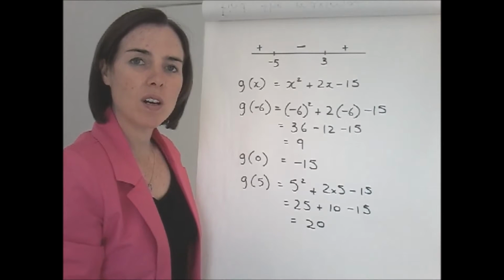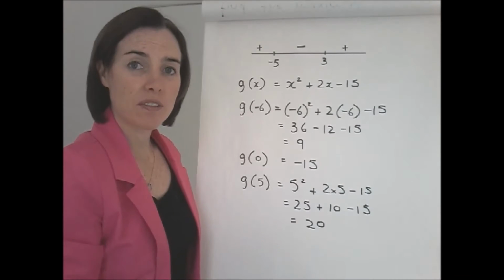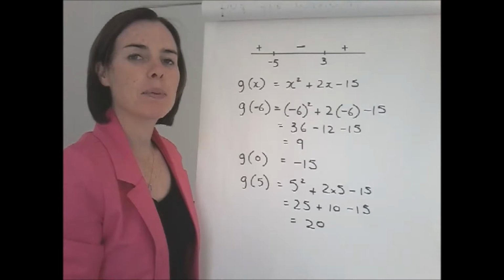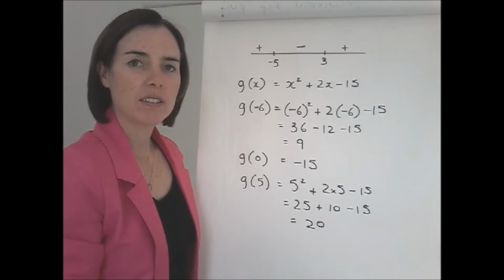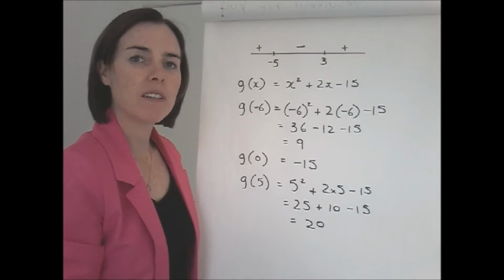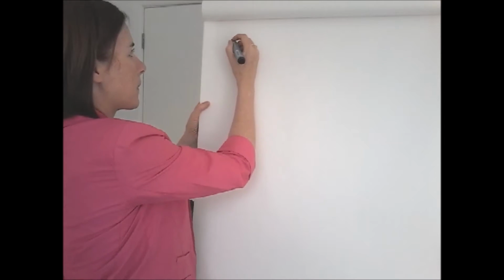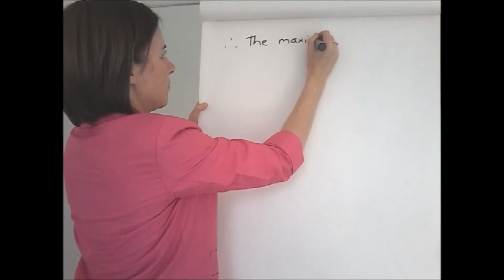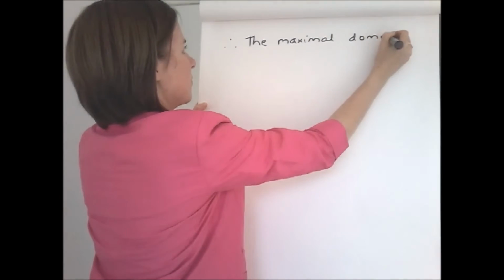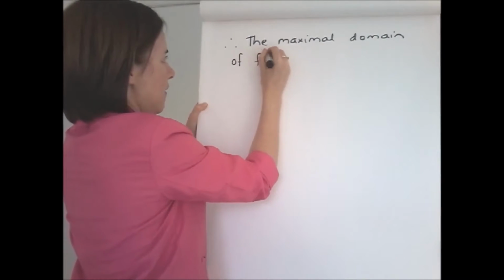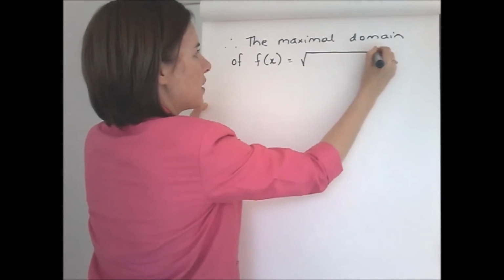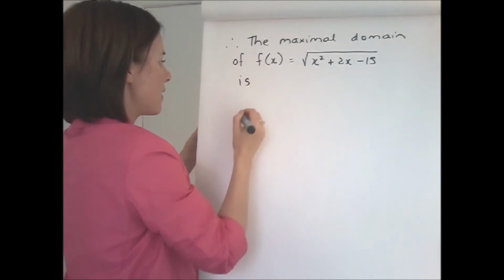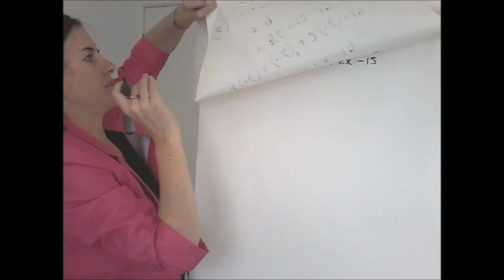Okay, we wanted to know when f of x was defined, and therefore we knew that g of x needed to be positive or 0, so greater than or equal to 0. Now we can write our answer. Therefore, the maximal domain of f(x) being the square root of x squared plus 2x take 15 is, what did we find?